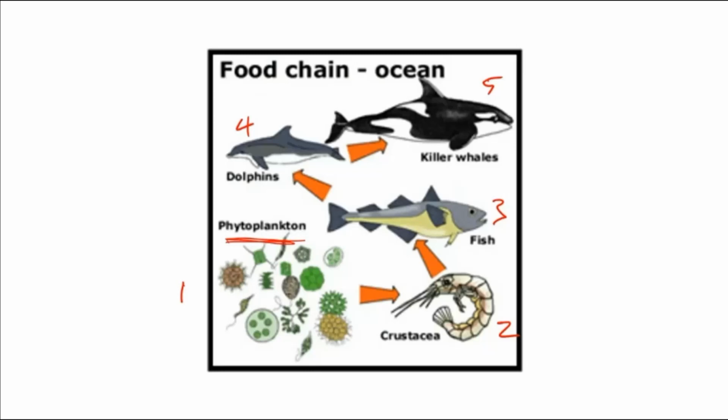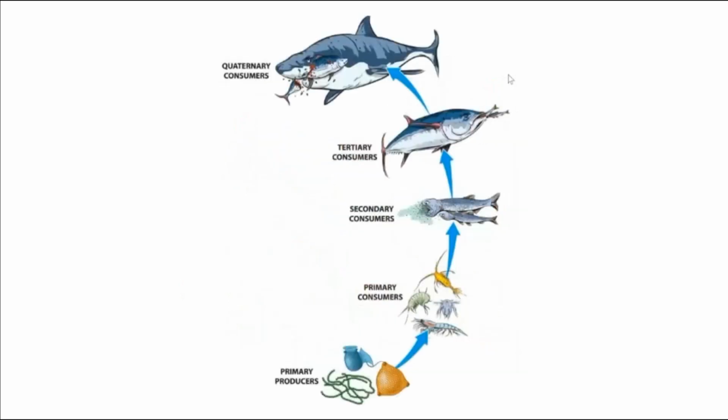So that's a dolphin eating a dolphin. So there you go. Orca are actually dolphins. But anyway, there's another example of a food chain. And we have one more. This time we've got our primary producer, so that's our phytoplankton. We have the first trophic level, second, third, fourth, and up to the shark at the top for the fifth trophic level.